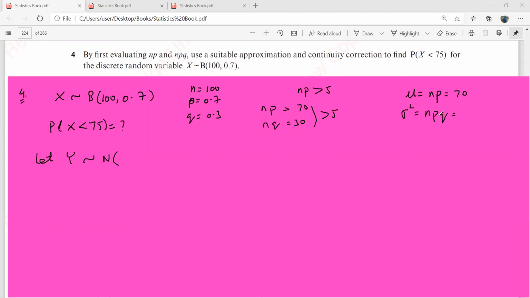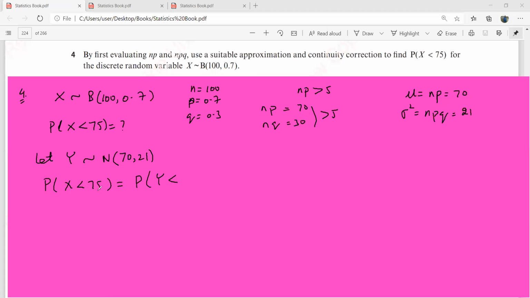So that is 70 into 0.3, that is 21. So I would write here that let Y be a normal distribution with the mean 70 and the variance 21. So finding this probability X is less than 75 would mean to find the probability Y is less than.